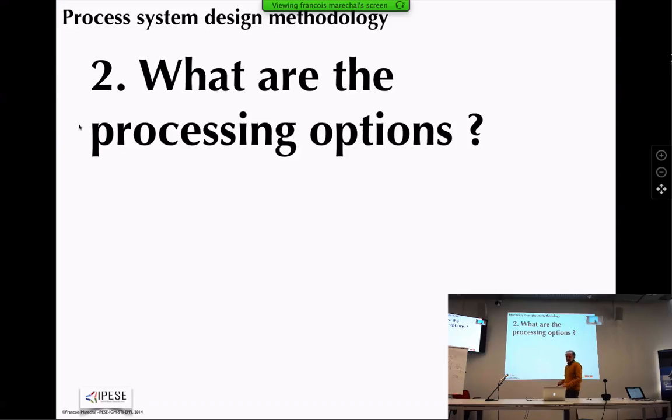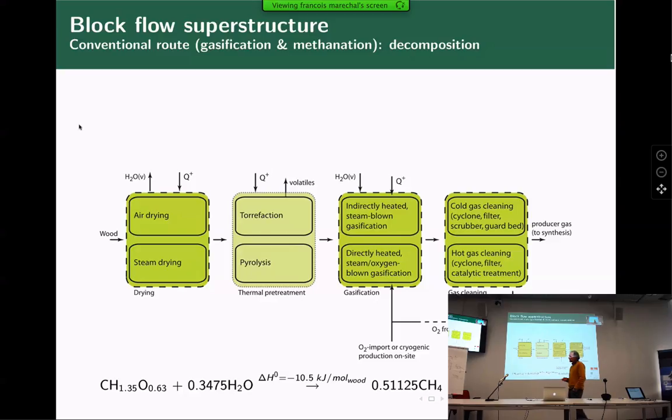Okay, so once I have identified the major process units, the major operations that have to be done, then I'm going to look at the processing options. And what you can see is that as soon as I start to look at the way, for example, to decompose the biomass, you will have a lot of options.